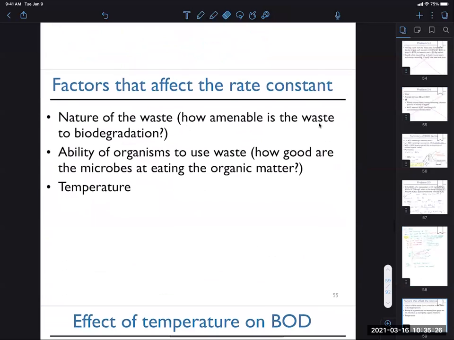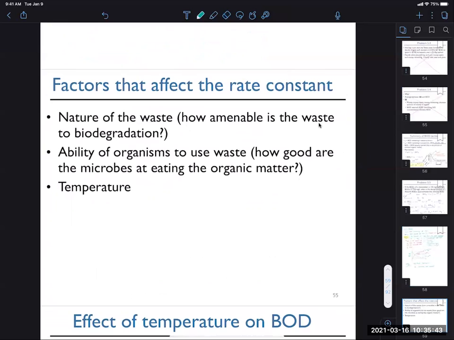So to start, what factors influence the rate constant? Now, this isn't a microbiology class. If you guys are environmentals or you end up taking our microbiology class, you're going to learn probably a little more about this.